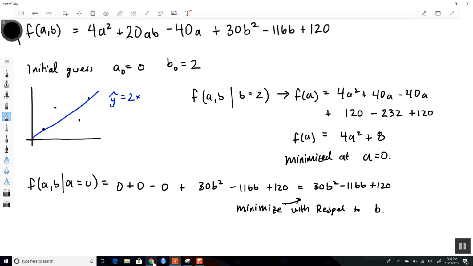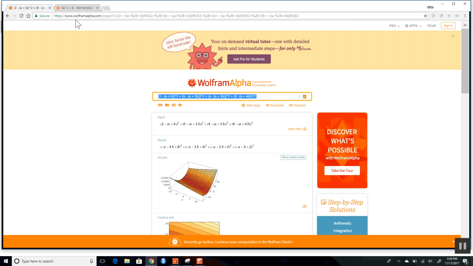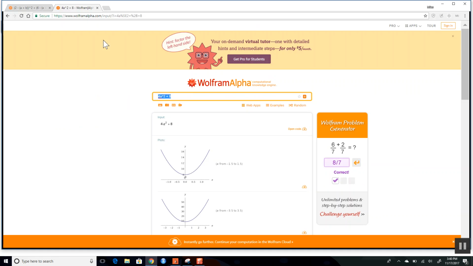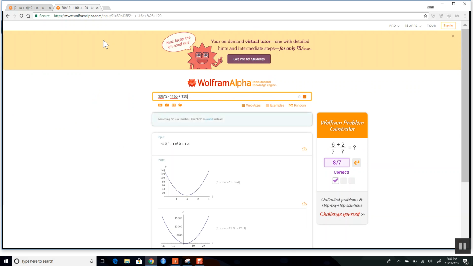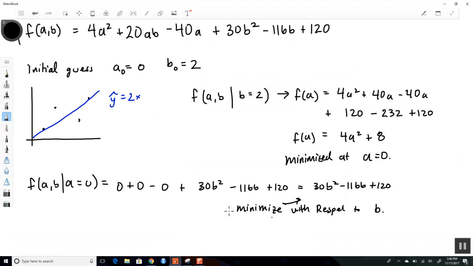Okay, and if I plug this in, I got 30b squared minus 116b plus 120. And so this is minimized at 29/15.